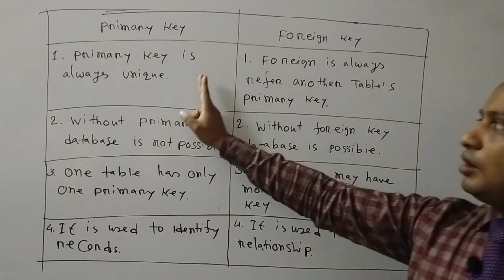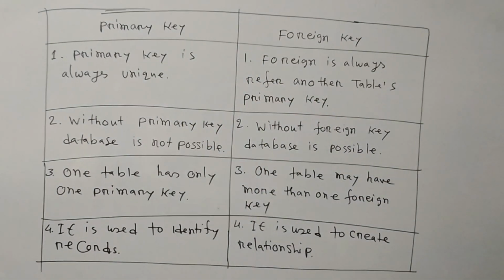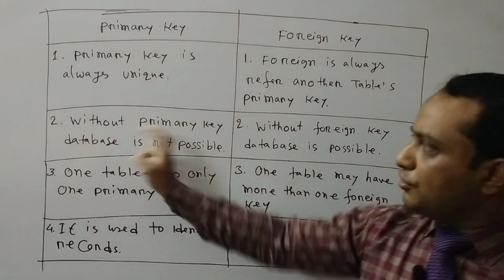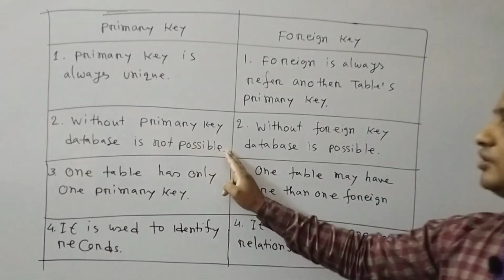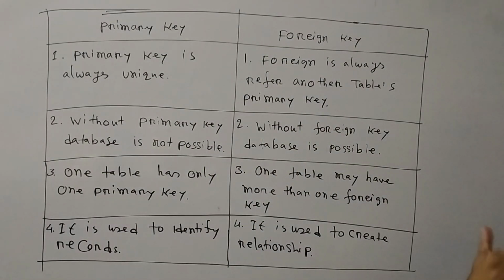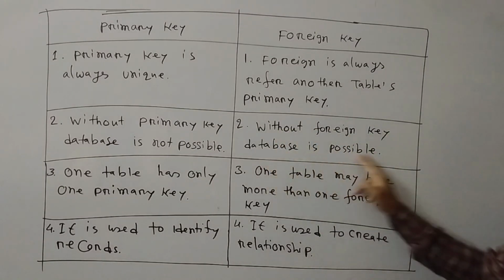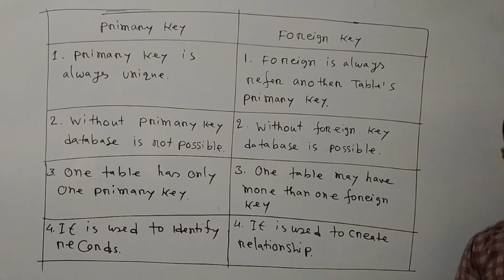This is the common difference between primary key and foreign key. Without primary key, database is not possible. If you want to create a database, you must have a primary key. Table is possible, but database is not possible. Without foreign key, database is possible. That means in a database, foreign key may be there or not.